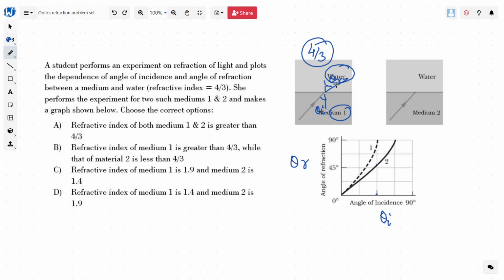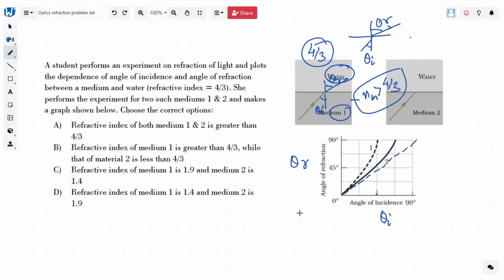So the angle of refraction is more than the angle of incidence. So this is angle of incidence and this is angle of refraction, which means that the refractive index of the medium is greater than 4 by 3 in both the cases, because this graph basically lies above this line.